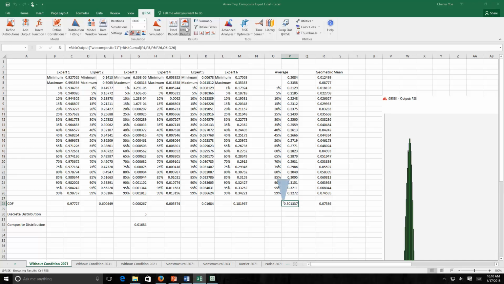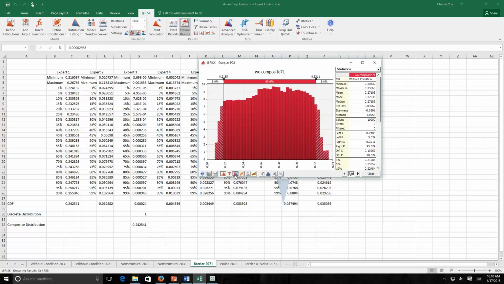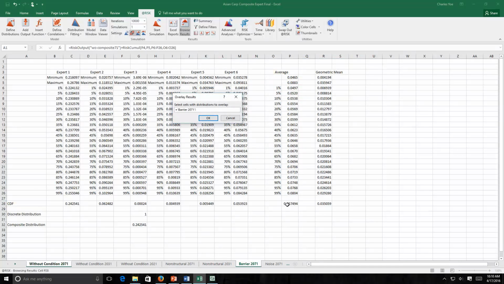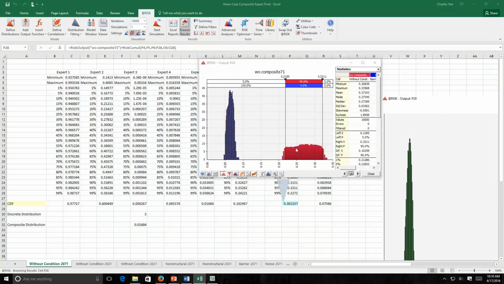So for example, let's take a look here at what we did just a little bit ago with one expert. Here's the without project condition. We're going to overlay the barrier, and we say OK, and this is the reduction that we get. This is the residual risk with the electric barrier in place.